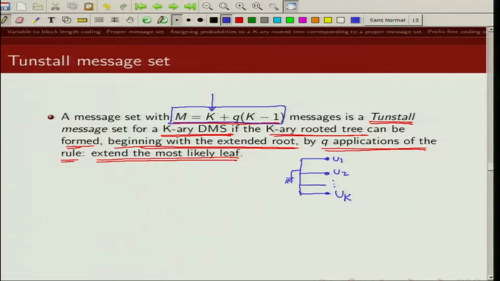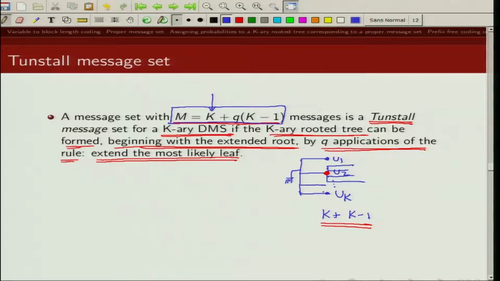Now when I extend any of these leaves, let's say I am extending the leaf corresponding to U2, then I am creating k new leaves. However, this was earlier a leaf, it has now become a node. So the number of leaves at this point is k plus k minus 1, because I am creating k new leaves, but this particular leaf has now become a node.